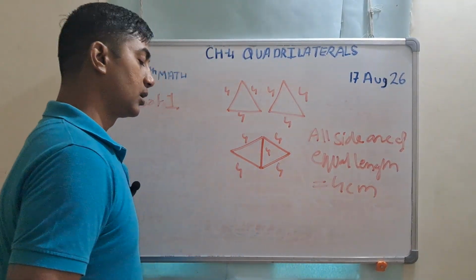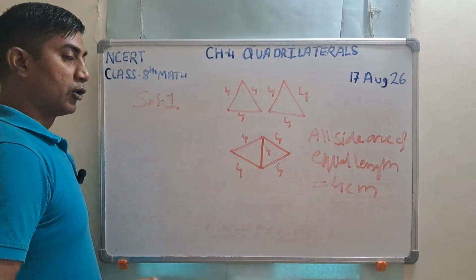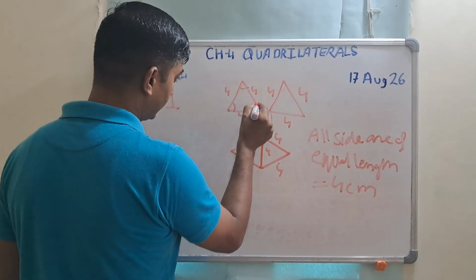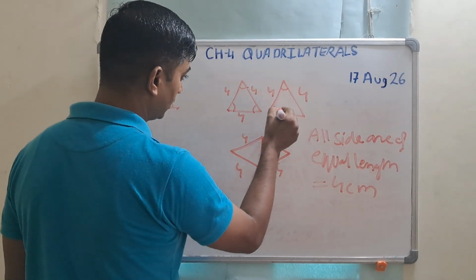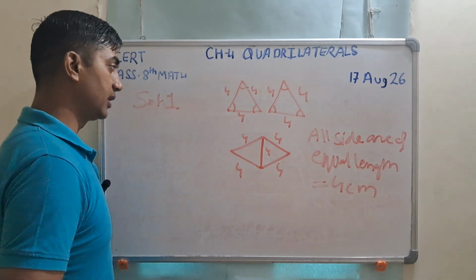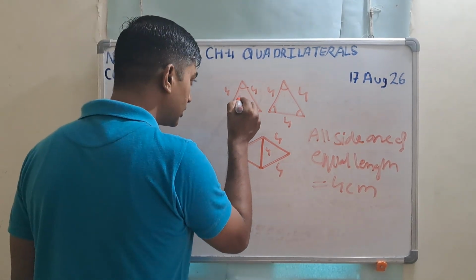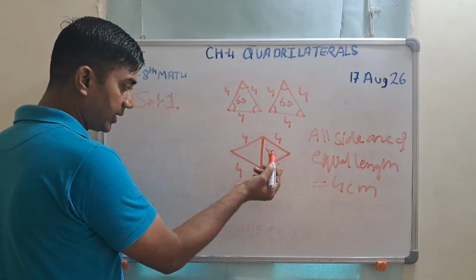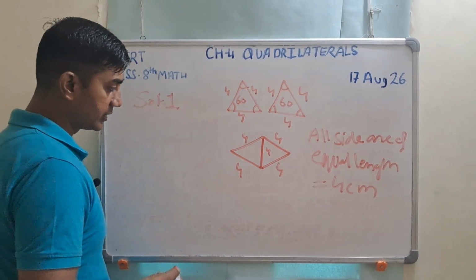Now we will see about the angles. What is this angle? Both are equilateral triangles, so all angles are 60 degree. We see when we have joined, all angles are 60 degree.